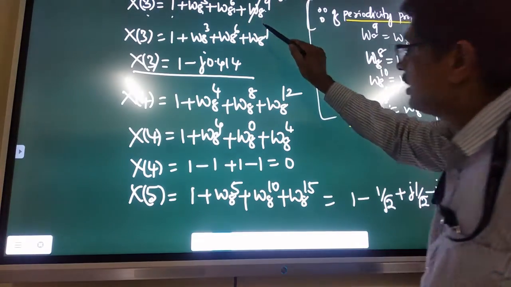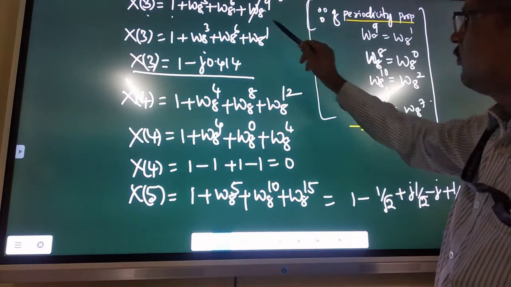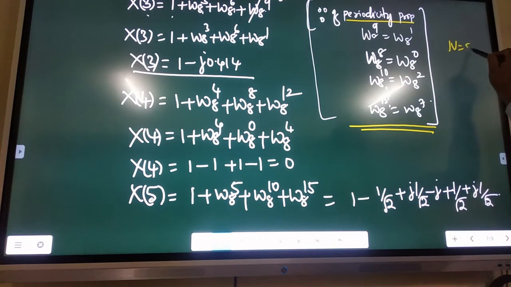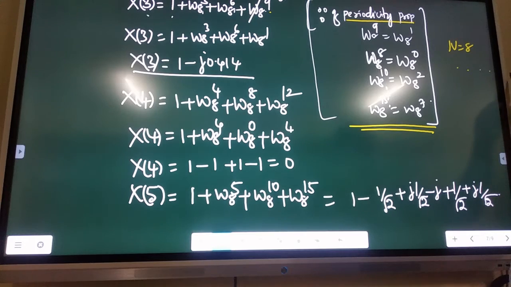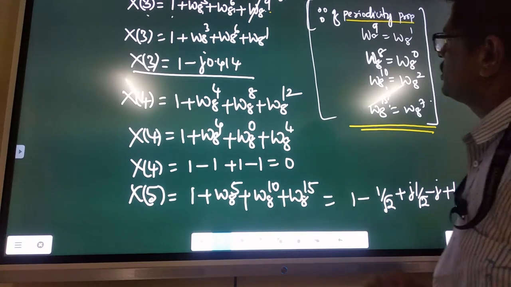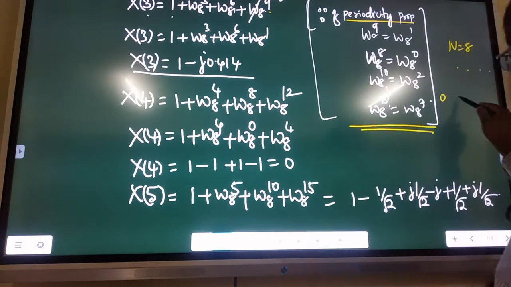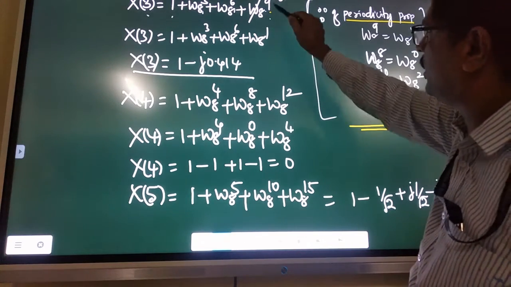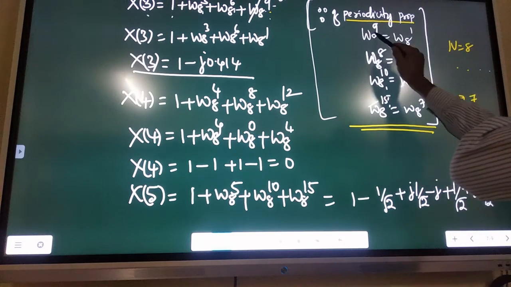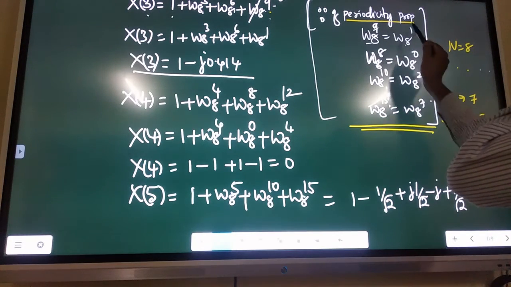Now whenever you get n is equal to 8, after 8, 9, 10, 11, 12, 13, 14, 15, then substitute in terms of 0 to 7 only. If it is 8 to 15, then substitute 8 as 0, 9 as 1, omega 8 power 1, 10 as omega 8 power 2. That's what I am doing. Omega 8 power 9 is nothing but omega 8 power 1.